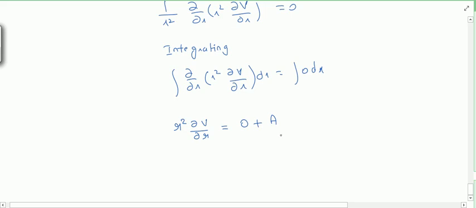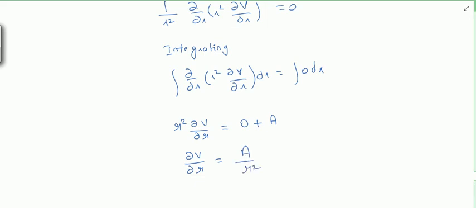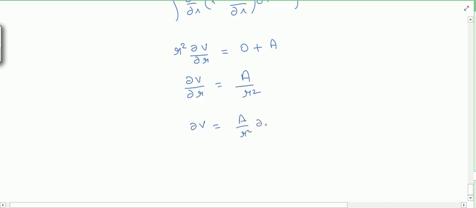So now we will do another integration. Before integration, let us do some rearrangement. After rearranging, it can be written like this: del V equals A by r square del r.